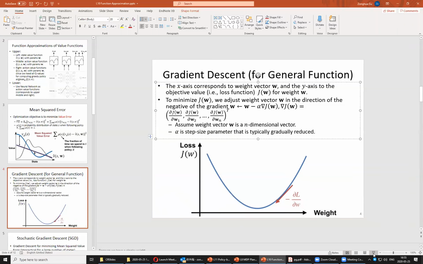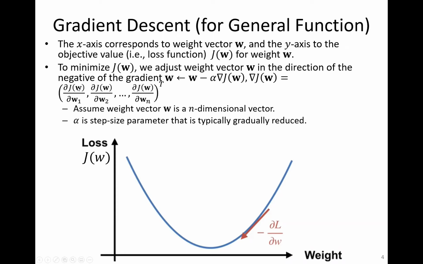Every time you follow the gradient, the gradient symbol here represents a vector of partial J over partial W1, partial J over partial W2.